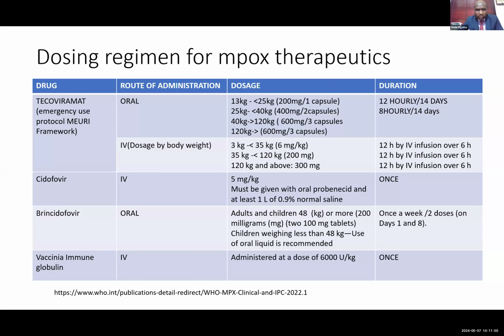But it's also important to emphasize that cidofovir and brincidofovir, especially cidofovir, are associated with a number of side effects, renal toxicity and the like. So you need to give these drugs with some caution and on a case-by-case basis. As a matter of fact, it is not recommended by all authorities, and you need to look at your national guidelines before you use some of these drugs to treat mpox cases.